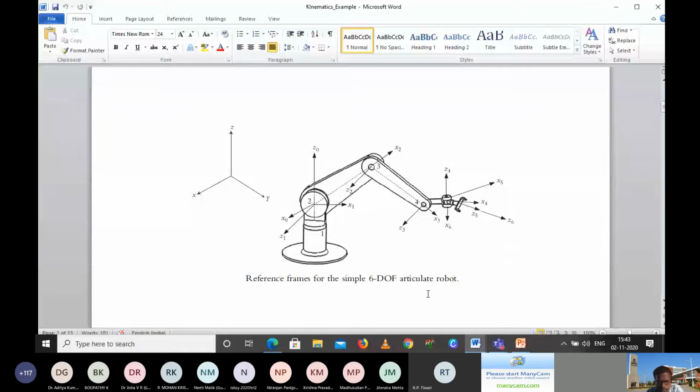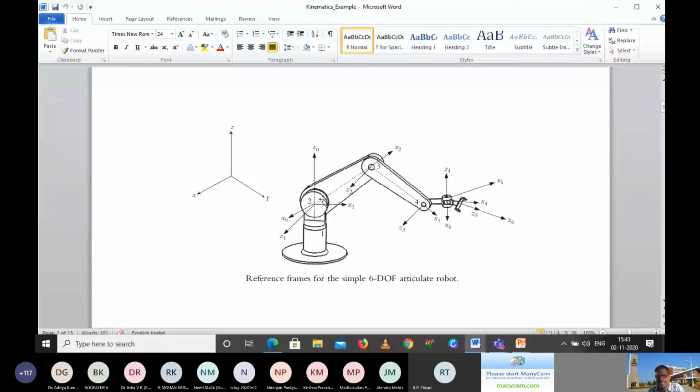For the first joint, I am taking Z0 and X0 and Z1. You can see that the first one is rotating along this direction. It is a twisting joint, as we have seen in the morning. So the rotational axis is Z0, that is the first joint, and X0 I have marked.